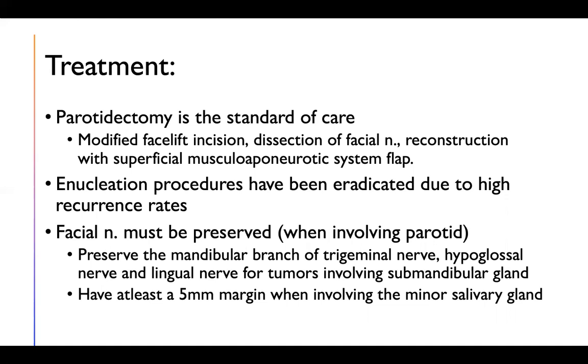Even though it is typically a benign tumor, it's your face, the side of your face, and it's a pretty invasive procedure. And then there's reconstruction with a superficial musculoaponeurotic system flap. Again, the facial nerve has to be preserved whenever it's involving the parotid. You need to have at least a 5 millimeter margin when involving the minor salivary gland.